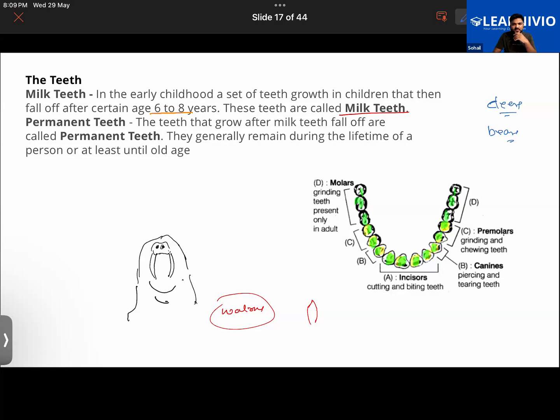Whatever animals are omnivorous, they will have canines.